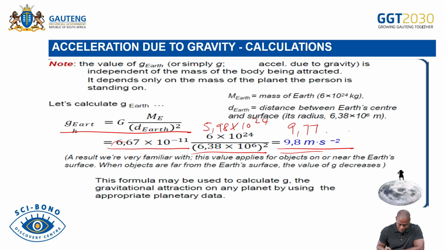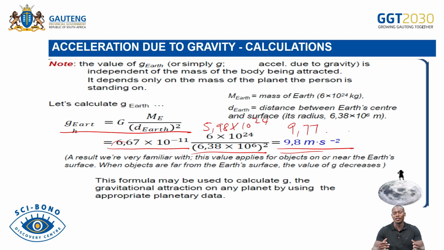So I think, learners, for today let's stop here on acceleration due to gravity calculations. Next week we are going to look at the difference between mass and weight, and also the meaning of weightlessness.